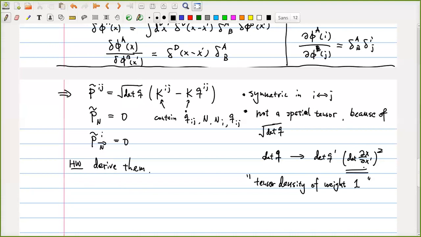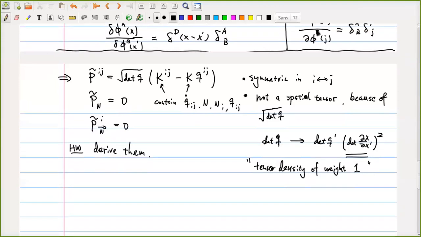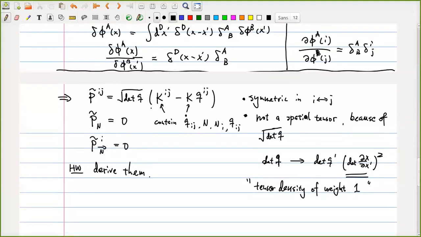Once a quantity transforms in this way, it is called a tensor density of weight 1. Or it's also easy to see that once a quantity equals a tensor multiplied by the square root of the determinant of the metric, then it is a tensor density of weight 1.